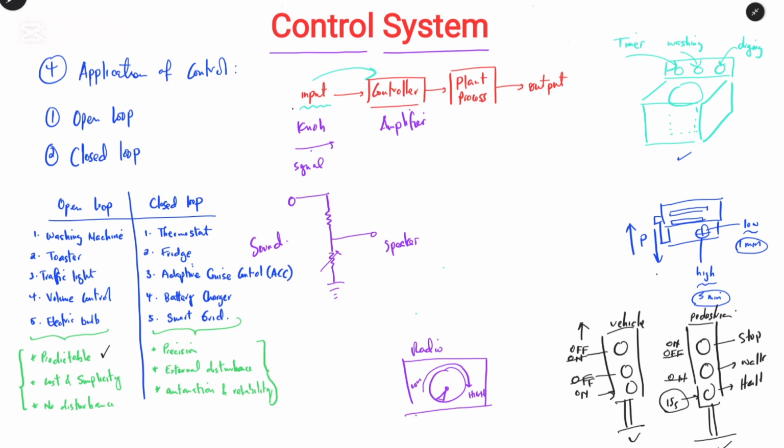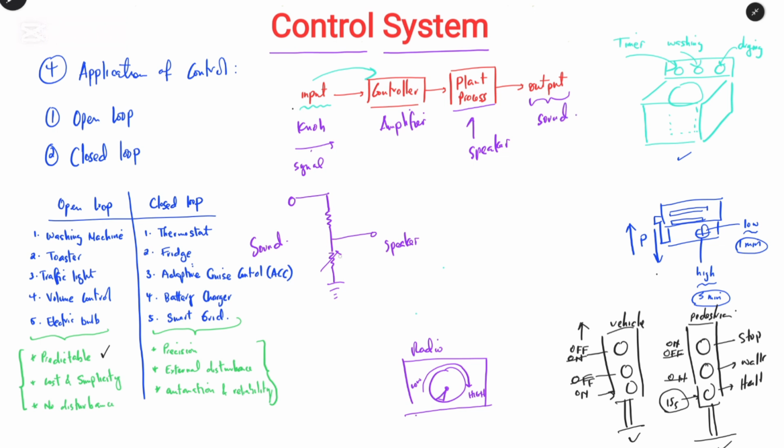But in the case of such an example, we can describe it using a potentiometer because it normally increases or decreases the amplitude of a signal. And we can say the process plant is the speaker, and the output is nothing but the sound itself.